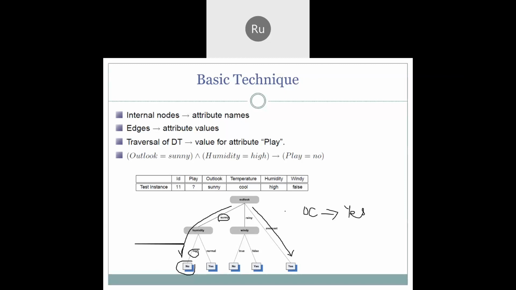Okay, so each path of the tree, starting from the root of the tree going to the leaf of the tree, is an individual rule that we can apply to the new instance or the new unseen data that we have.